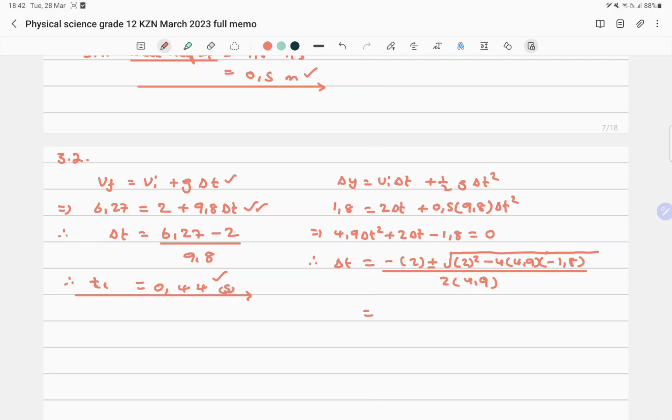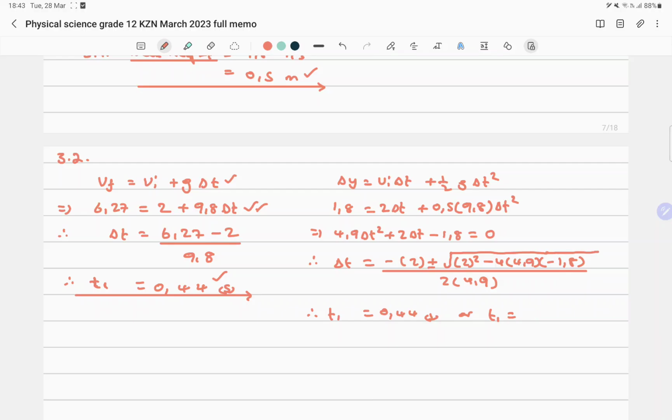It's as if you guys don't know, but I'm just trying to be a bit complete, so that you guys don't say these things. Now I'm getting 0,44 to 2 decimal places, or T1. Okay, we can say therefore T1 is equal to that.